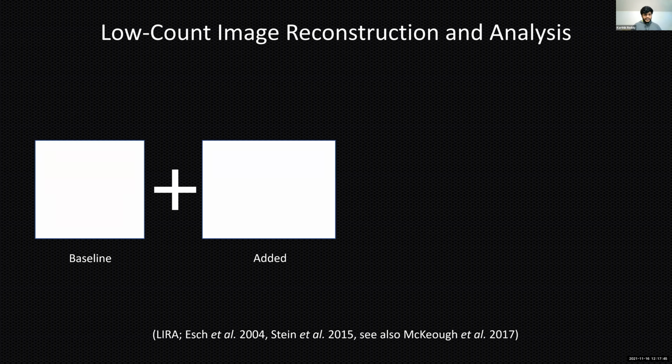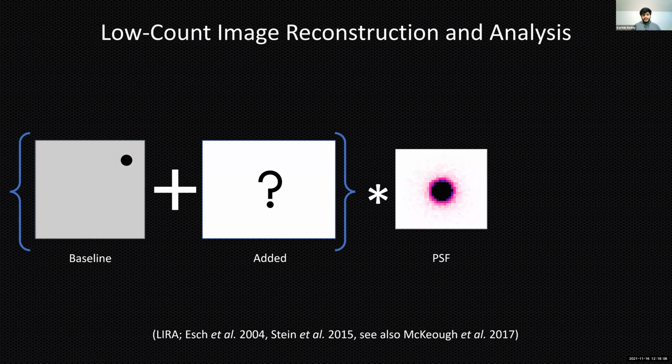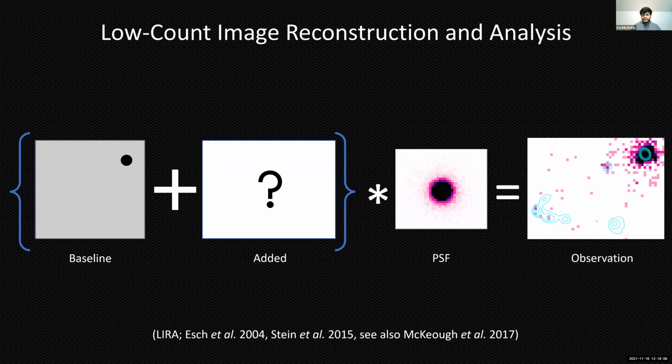One is the baseline component, which contains any known features in the image. So I know that there is a bright core and there is also some form of background in the jet. And the added component will contain any other features that are unexplained by the baseline model. So if we superimpose these two components and convolve them with a user-specified PSF, we'll get back the observation.